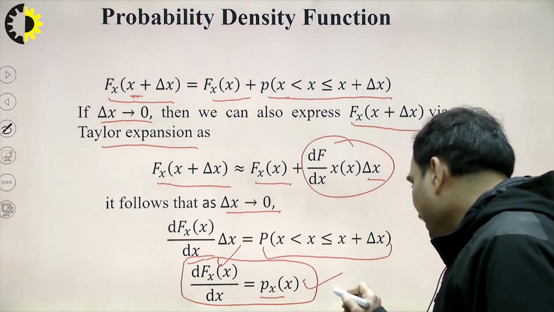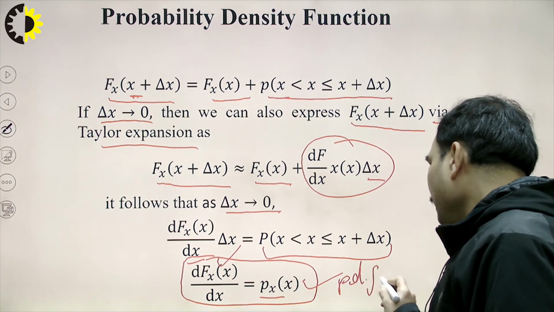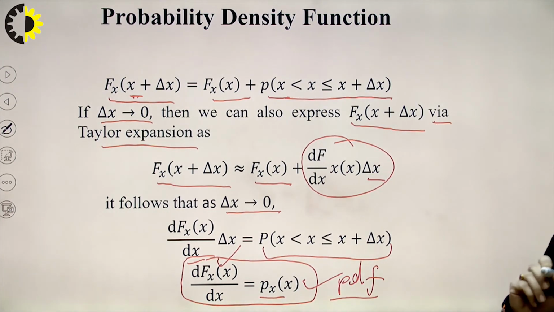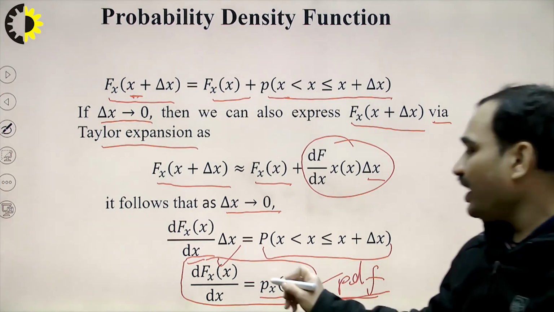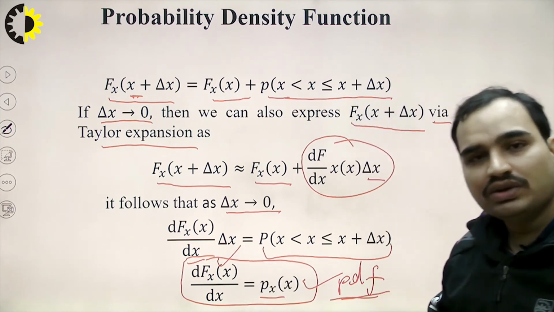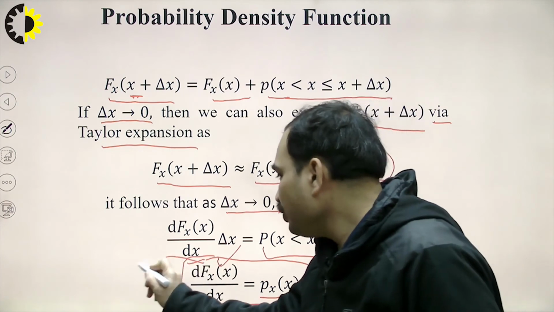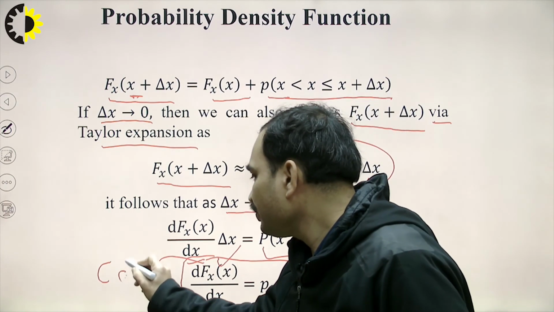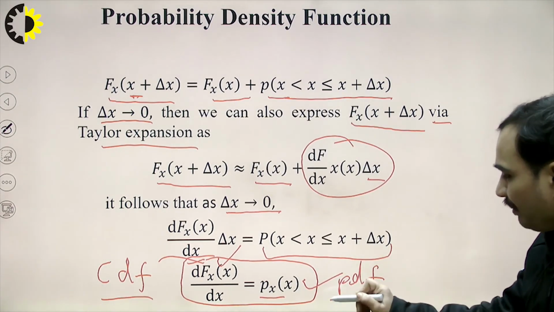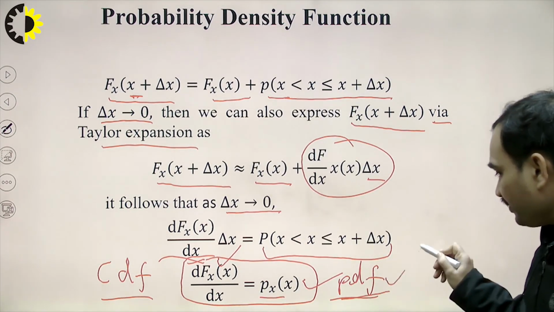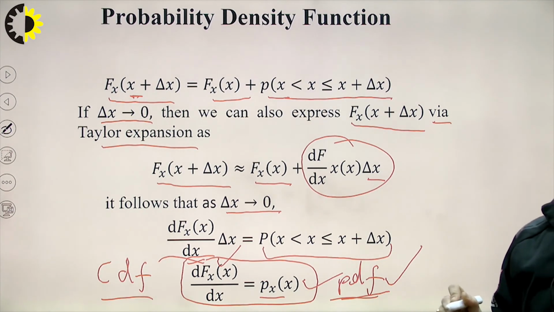This is the relationship between the probability density function, or PDF, and the cumulative distribution function, or CDF. This is the important relation which we have to keep in mind while solving the numericals as well.